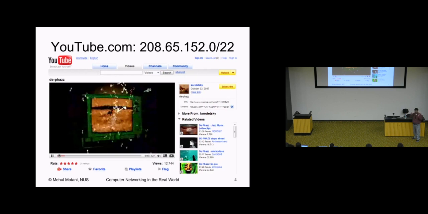So is everybody clear? How many hosts does YouTube have on this subnet, or can it have? Yeah, so it's 2 to the power 10 addresses, and then if you want hosts, you subtract 2 because you don't want all zeros and all ones.